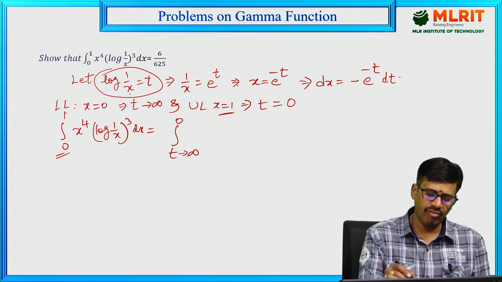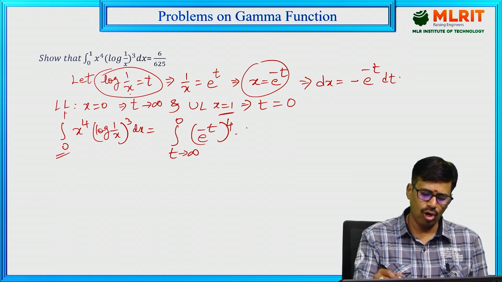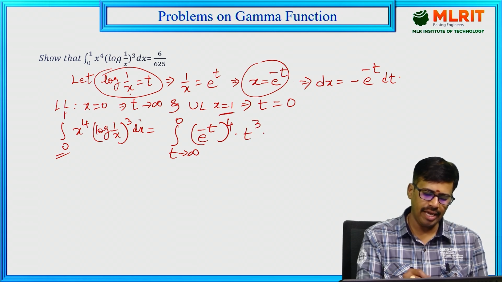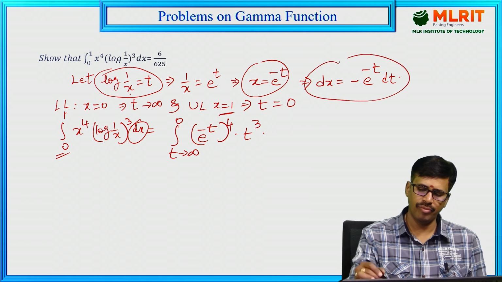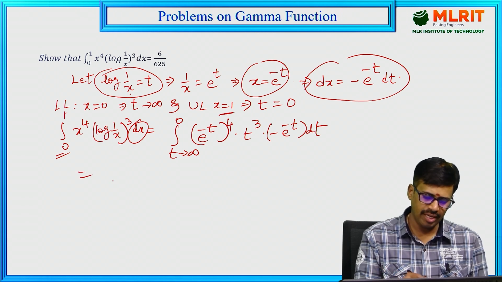And x power 4, x means e power minus t, whole power 4, into log 1 by x, which means t whole power 3. dx means minus e power minus t into dt. If I remove this minus sign, the limits will be interchanged, t equal to 0 to infinity.